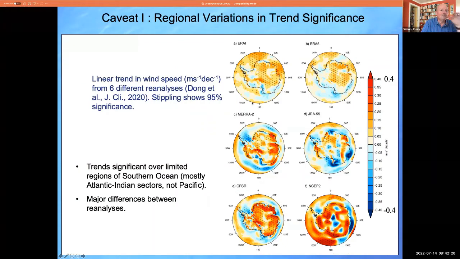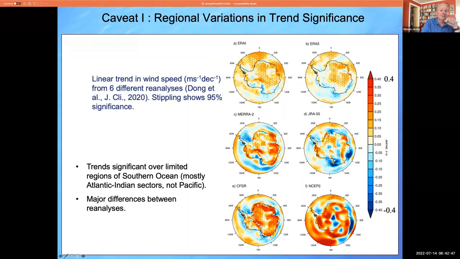But it also usefully has maps of the trend in the southern half of the Southern Ocean, for various different reanalyses, which will be familiar: ERA-Interim, ERA5, MERRA, JRA. The point I'm making is, depending on which plot you look at, the local trend in the wind speed can be positive or negative, and there are very few regions where it's significant.